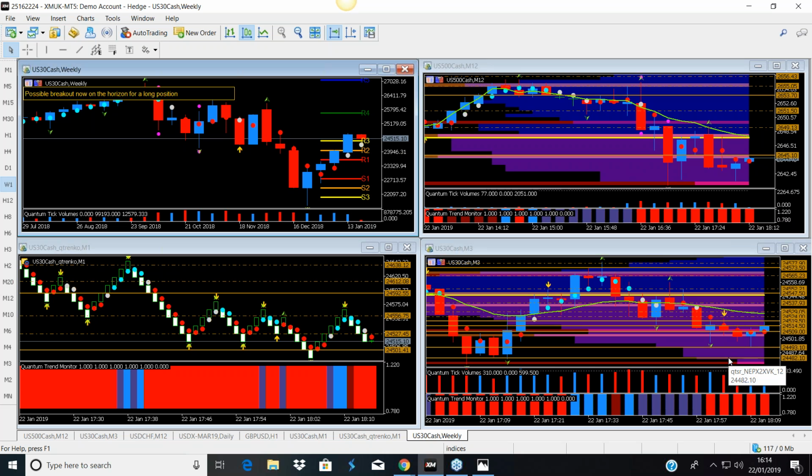Just as the move lower was overdone, this is now overdone, and perhaps it's come to the end of its bullish phase. It's all about phases of price action and where the price action is in the phase.